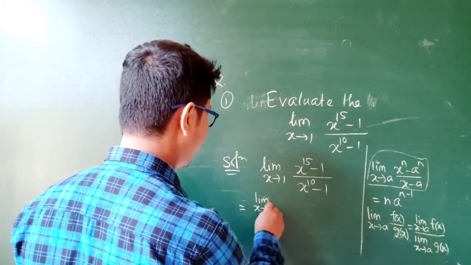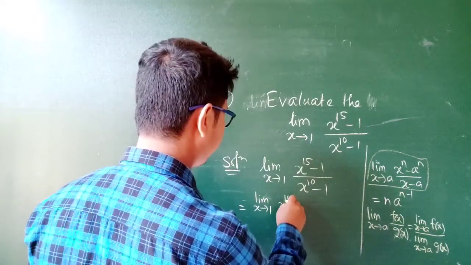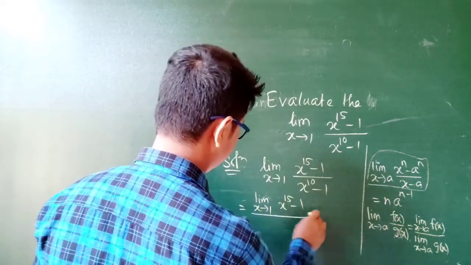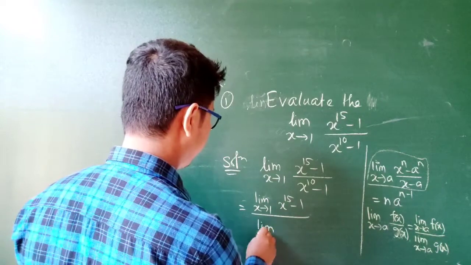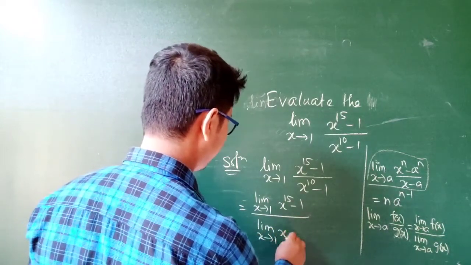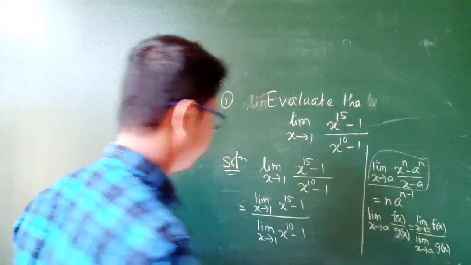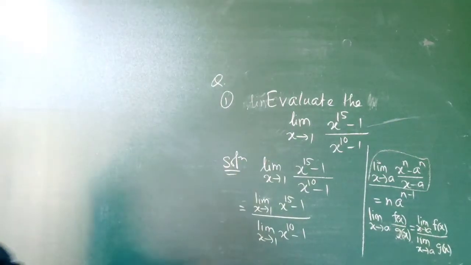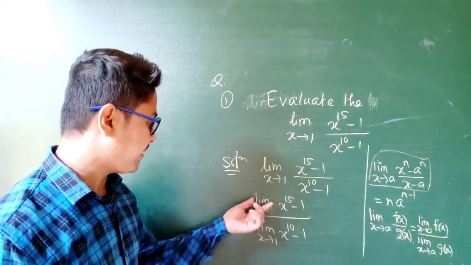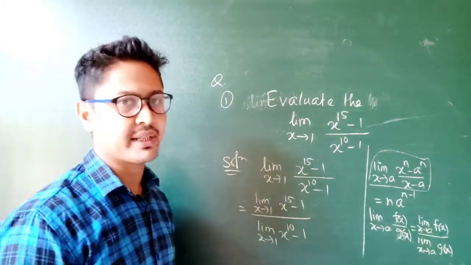Limit x tends to 1, x to the power 15 minus 1 divided by limit x tends to 1, x to the power 10 minus 1. Now you observe in the numerator what we have: limit x tends to 1, x to the power 15 minus 1.